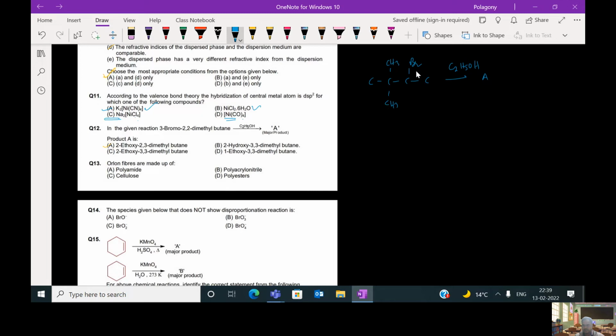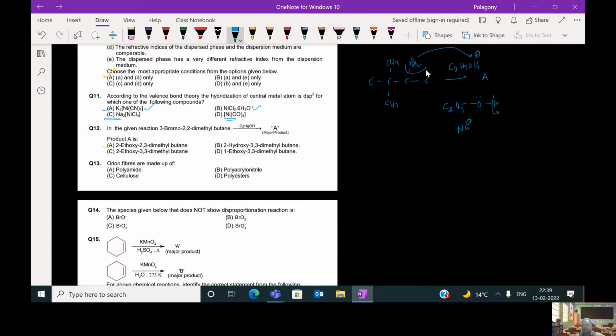When this alkyl halide reacts with ethanol, the nucleophile attacks this proton, then H plus is removed, and C2H5O behaves like a nucleophile.